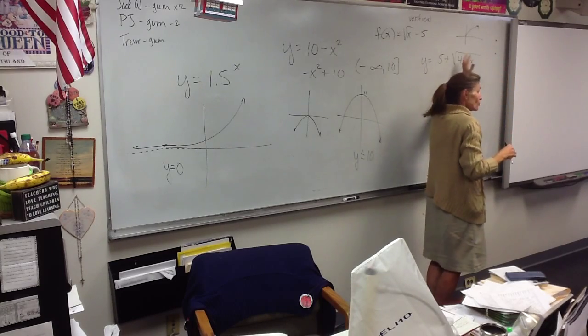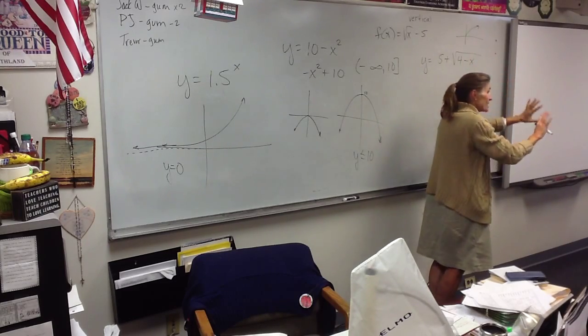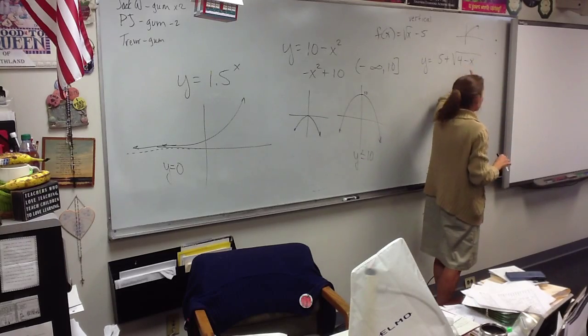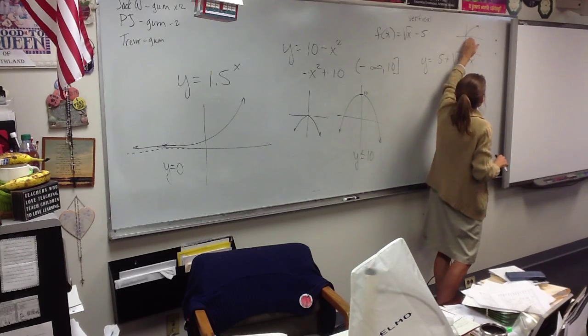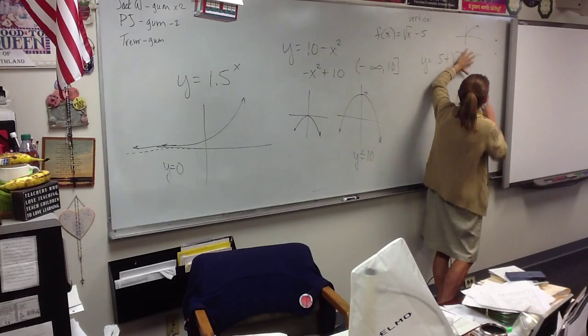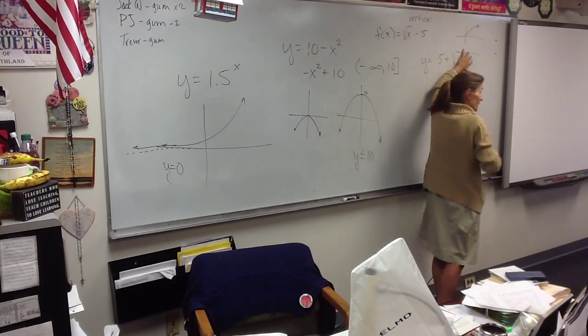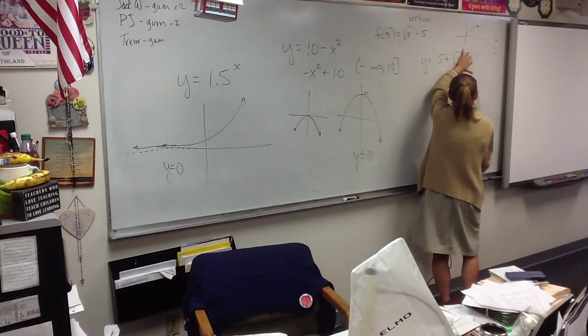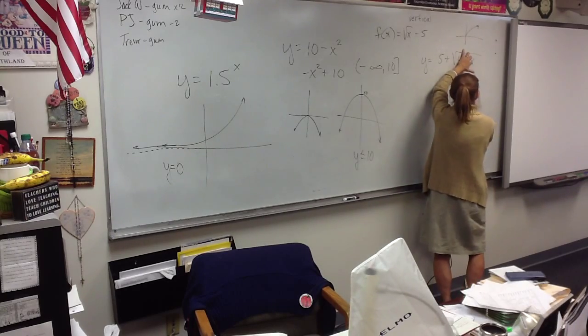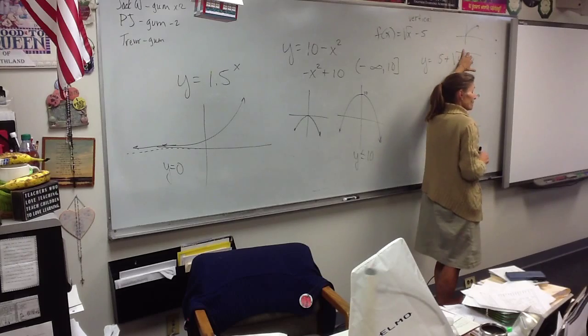Now it's also going to turn it around and move it forward and stuff like that, but don't worry about that part. That's a little complicated with that negative in there. But we're going to take whatever our radical picture is, which is some version of that, and we're going to pick it up 5. So if we just picked that one up 5, it would look like that.